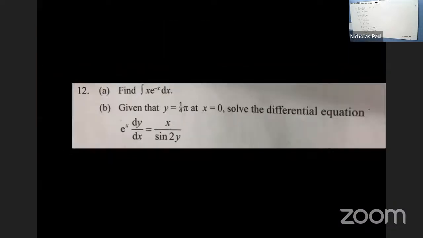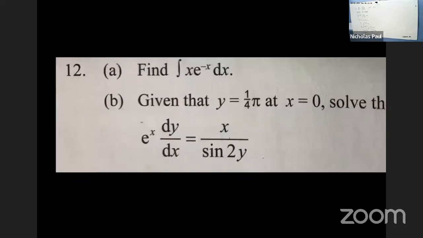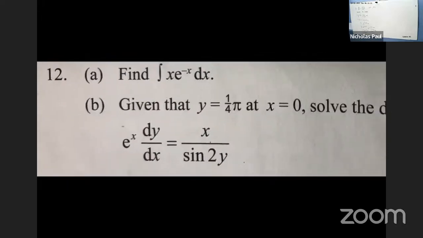Go ahead. Copy down. Try that, please. Integration by parts, Andy. Which one are you going to differentiate here?